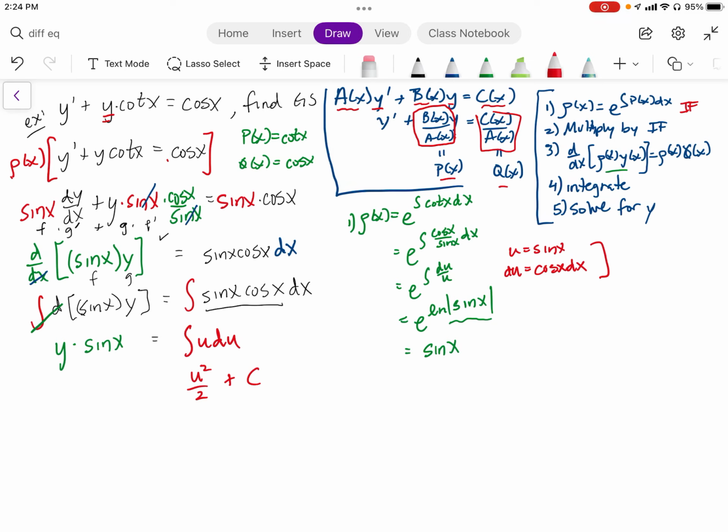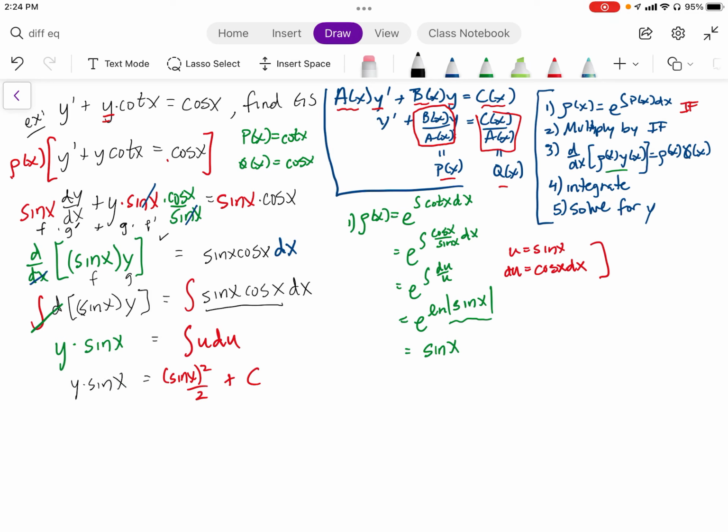And of course, we need to substitute our u back in, which we knew was sine x. All right, so step 4 is done.